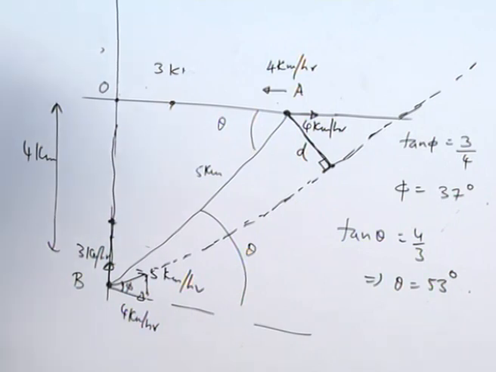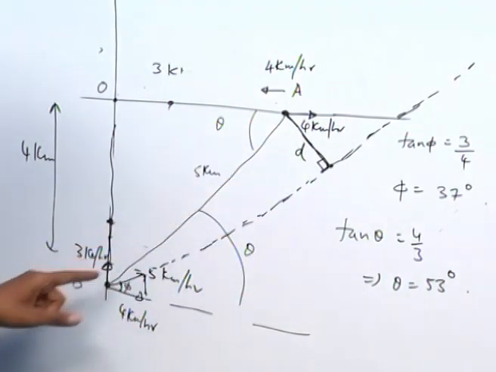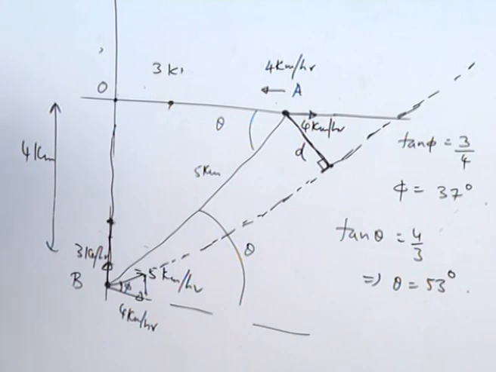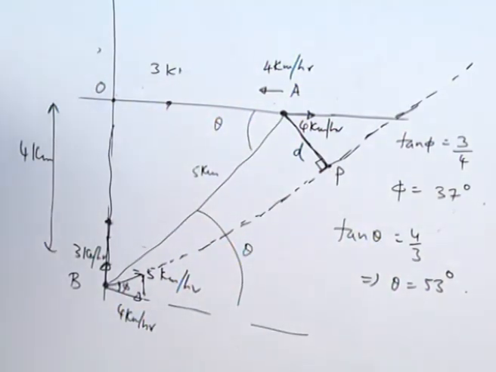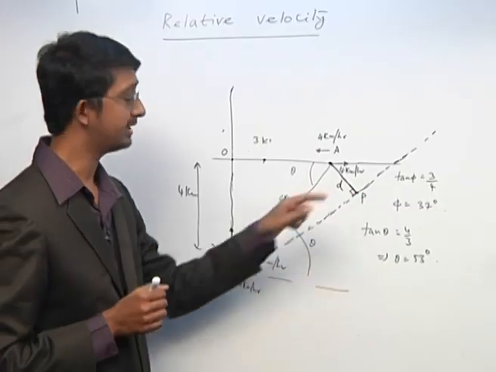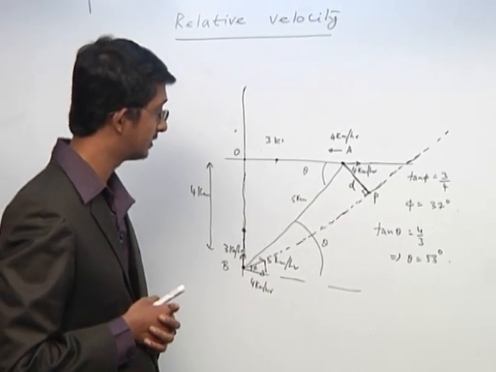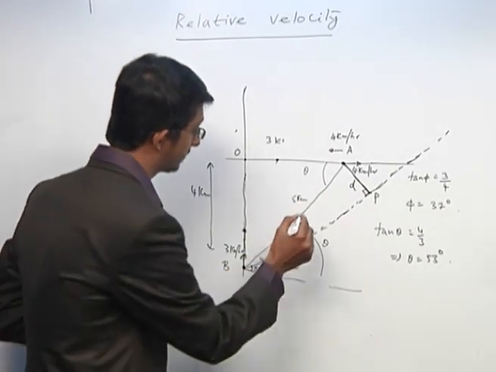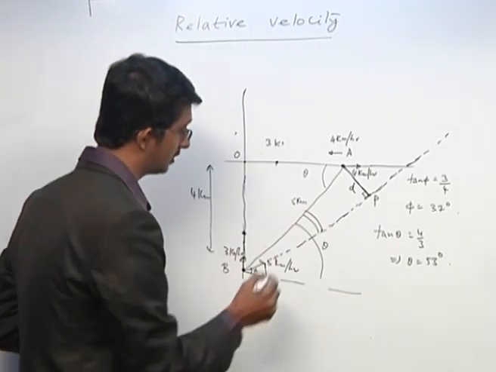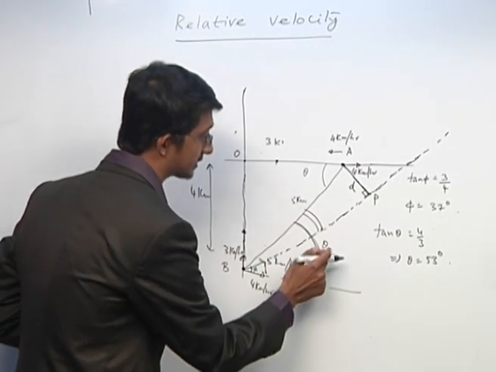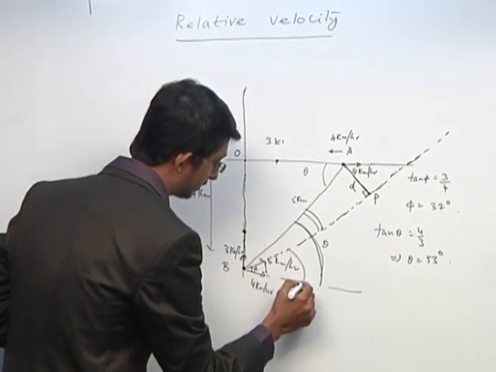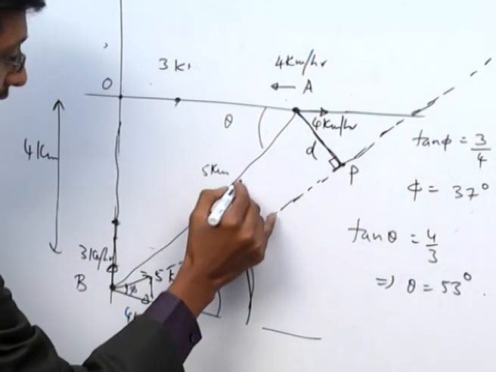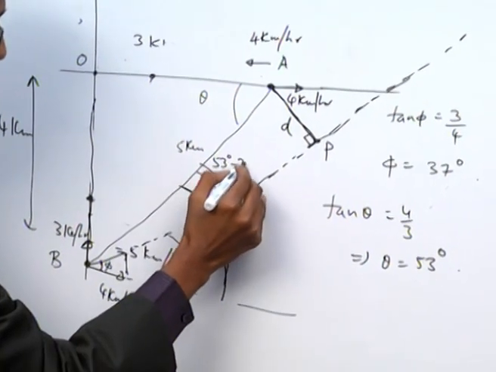Simple. This is a right triangle. If you want me to name it, I will name this point as P. So triangle BAP is a right angle triangle. In fact, I know this angle. How? This total angle, which is 53, minus only this angle, phi, which is 37. So this is 53 degrees minus 37 degrees.